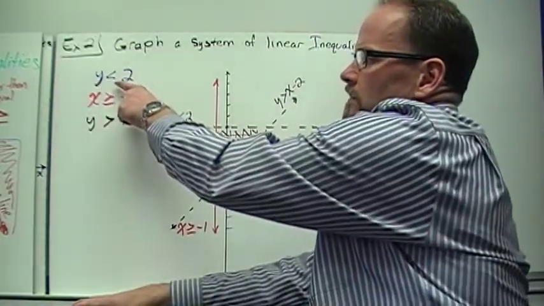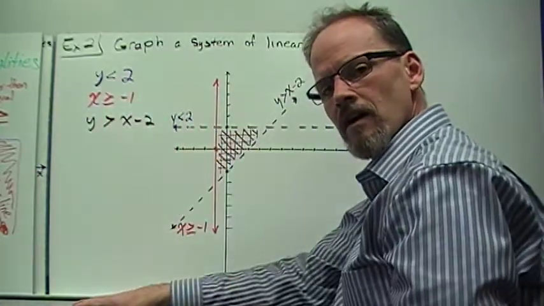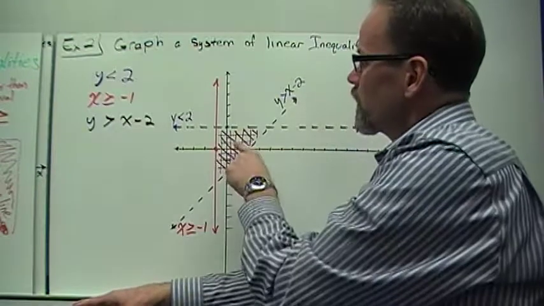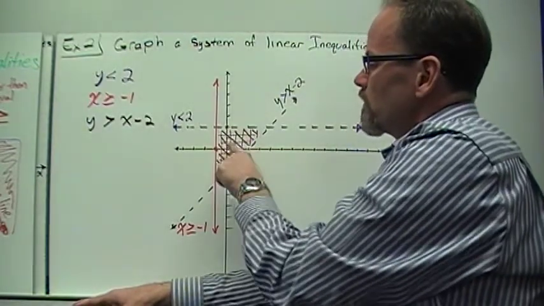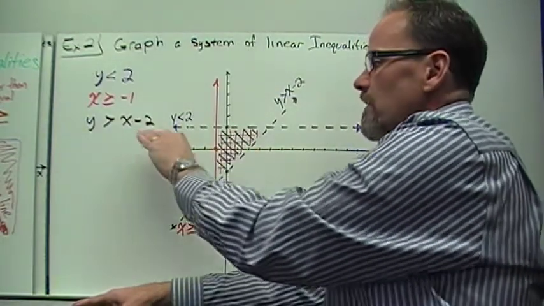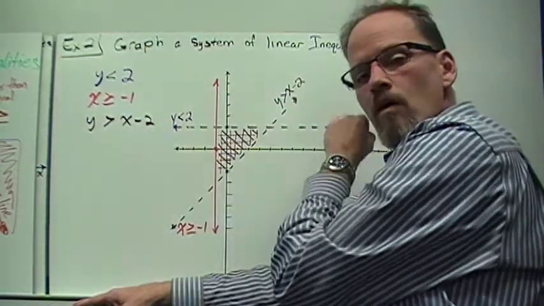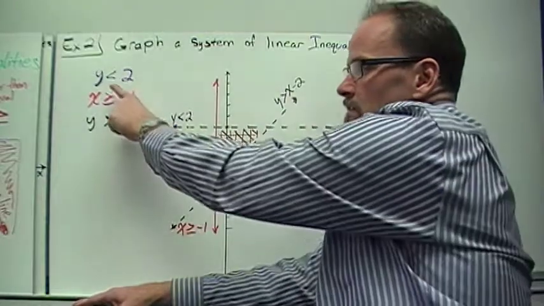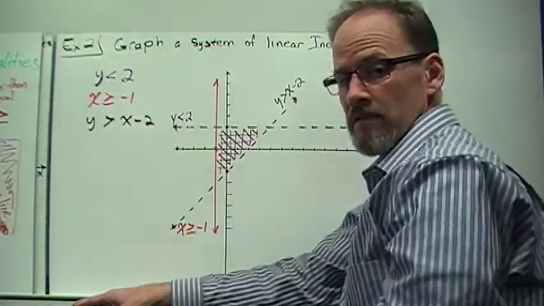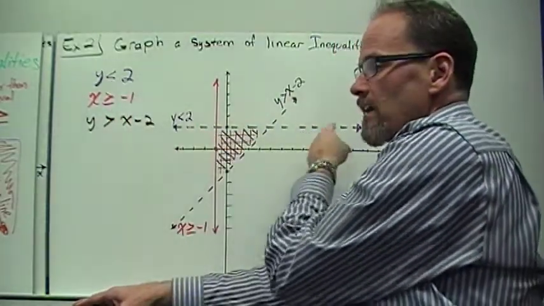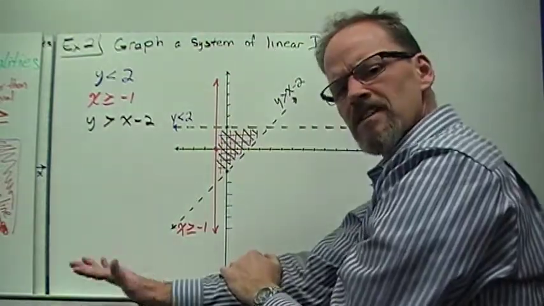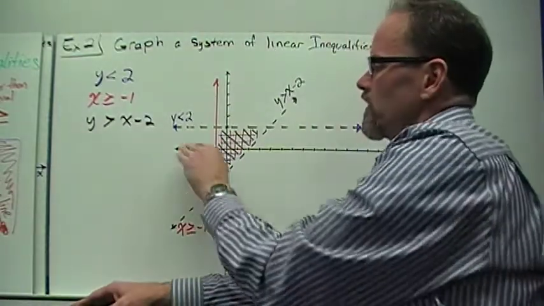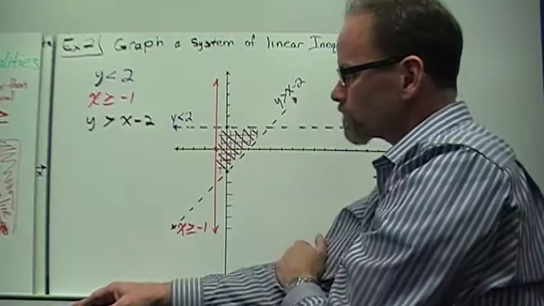Take y less than 2, same as y equals 2. So we go right here at 2, 2 from the origin, make a dot right there, and remember that a y-intercept gives us a horizontal line here. There's no equal sign, so I have a dotted line here, which means it does not include 2, but this is where we make our graph.